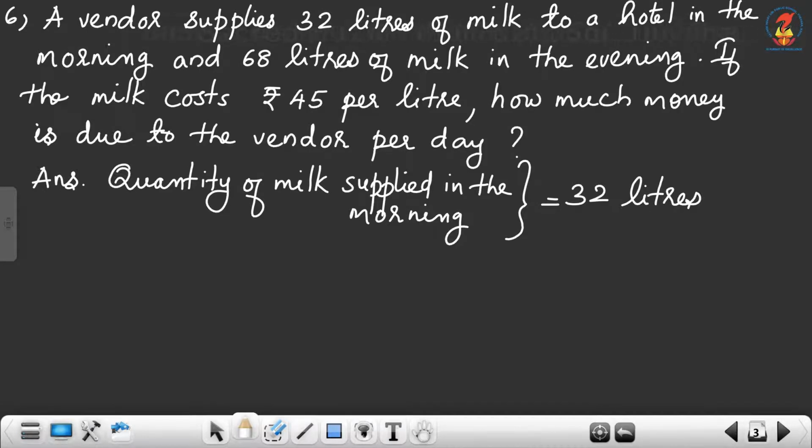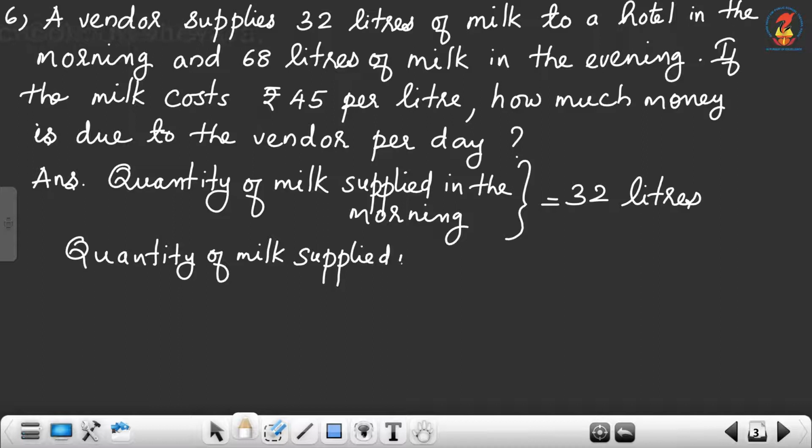Then, what is the quantity of milk supplied in the evening? Quantity of milk supplied in the evening. So, how much? It is 68 liters. Then can you find out the total quantity of milk supplied?